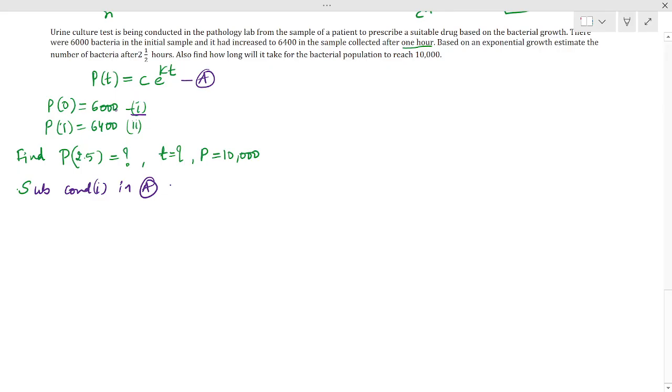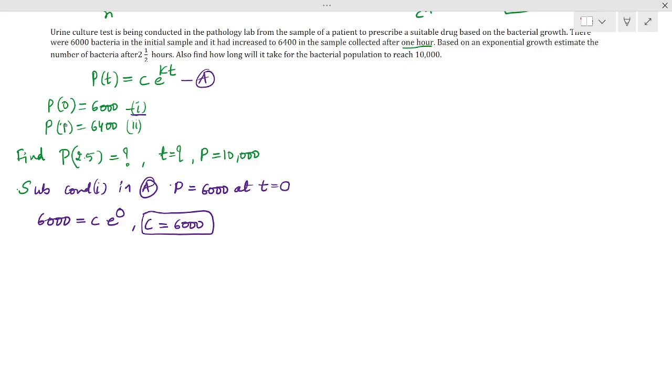P of 0 is equal to 6,000, means substitute P is equal to 6,000 at time t is equal to 0. So P of t is 6,000 when t is 0. 0 into k, that is e raised to 0, e raised to 0 is 1, therefore C is equal to 6000.